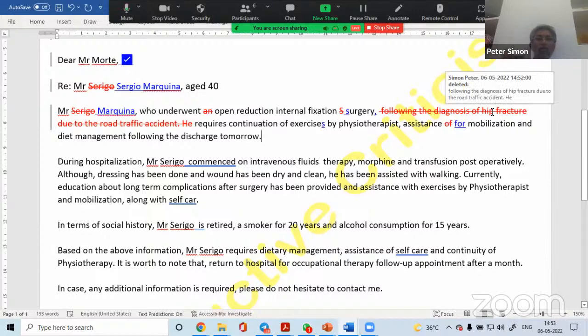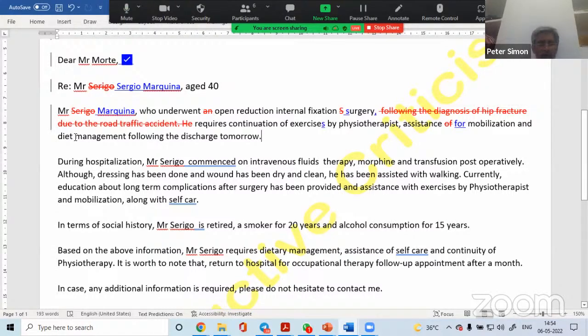Mr. Marquina, who underwent open reduction internal fixation surgery. You need not write surgery. Open reduction internal fixation itself is enough. If you write surgery also, it's okay, not a big issue. The name of the surgery is open reduction and internal fixation. Requires continuation of exercises by physiotherapist, assistance for mobilization, and dietary management.